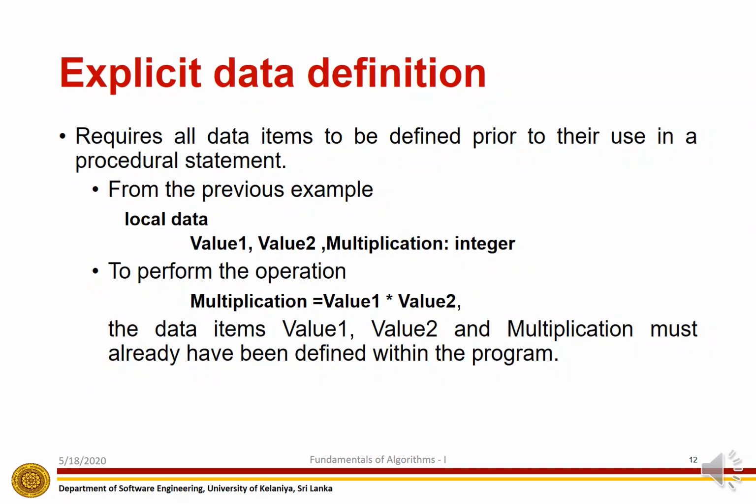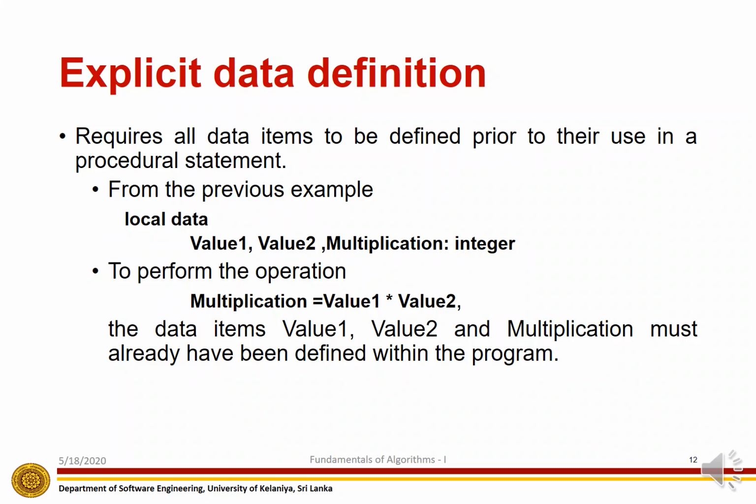Explicit data definition. It means we are required to give the definition of data variables or data items before we use them in the procedure. If we have not defined them before, errors can occur. From the previous example, you can see we defined the variables as value1, value2 and multiplication.